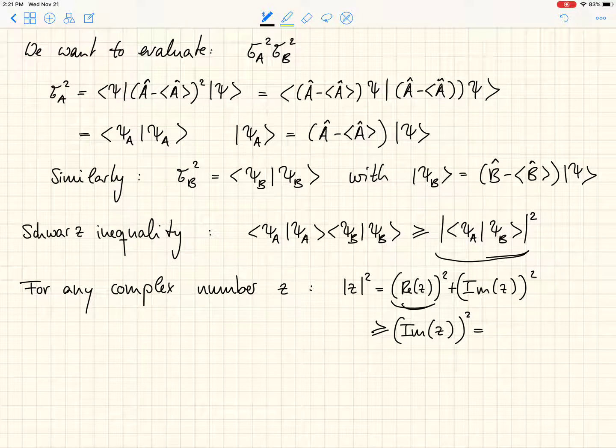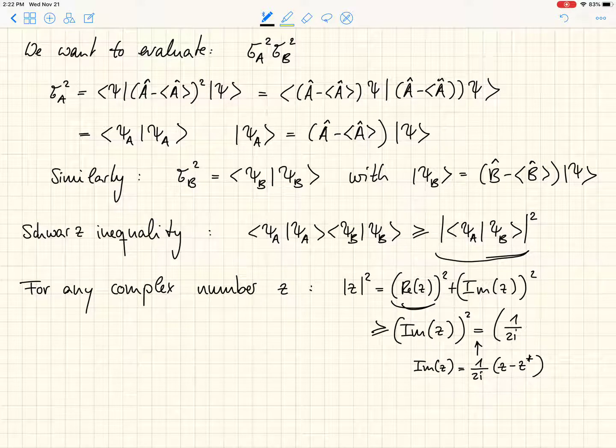The imaginary part, for any complex number, I can always write as 1 over 2i times (z minus z star). So I can write the imaginary part of z squared as 1 over 2i times (z minus z star) squared.